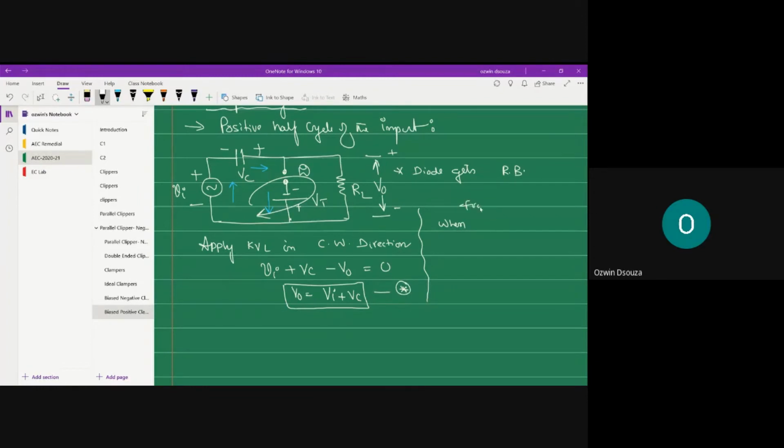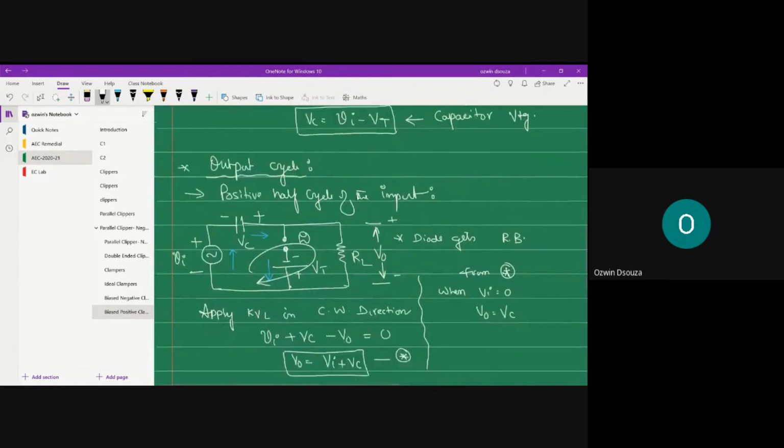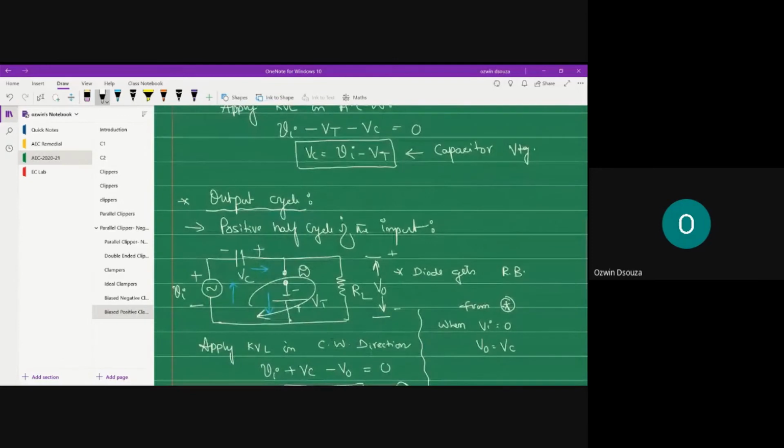So from star, when your input is 0, what is the value of output? Output is equal to Vc. And what's the value of Vc? You have already found, Vc is Vi minus Vt. One small thing I forgot: when your input attains maximum voltage, your capacitor will have a voltage which is equal to Vm minus Vt.